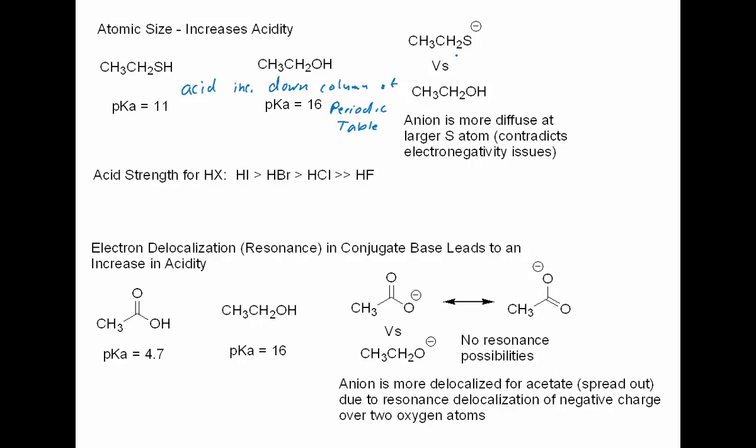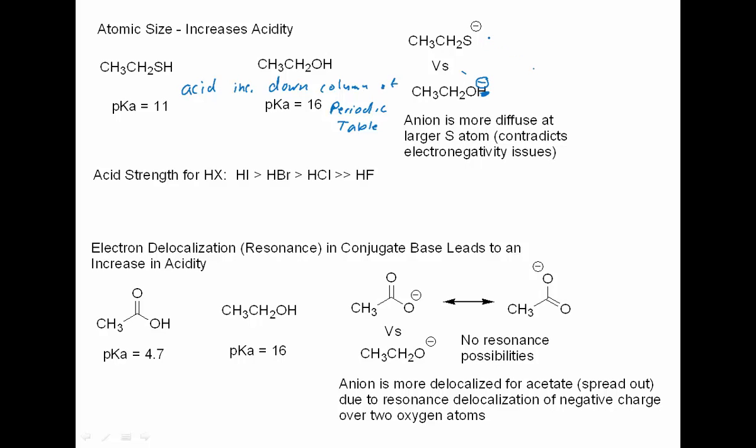Okay, and the reason for this has to do more with the stability of the conjugate base. So why is thiol more acidic than the corresponding oxygen compound? It has to do with the anion, the conjugate base, more than it does the acid.